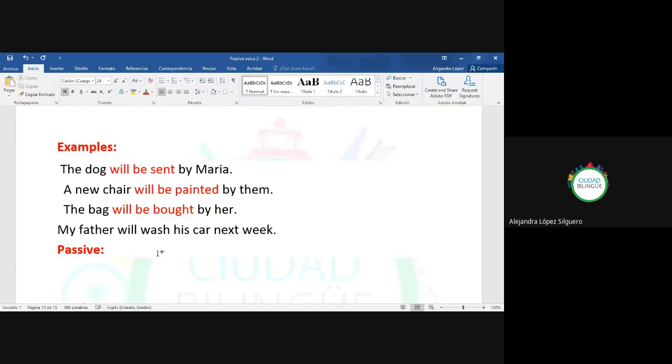So, my father, it will be my father or my car. Mejor dicho, completa, la oración completa, ¿cómo sería? Escríbanme la oración completa, por favor.